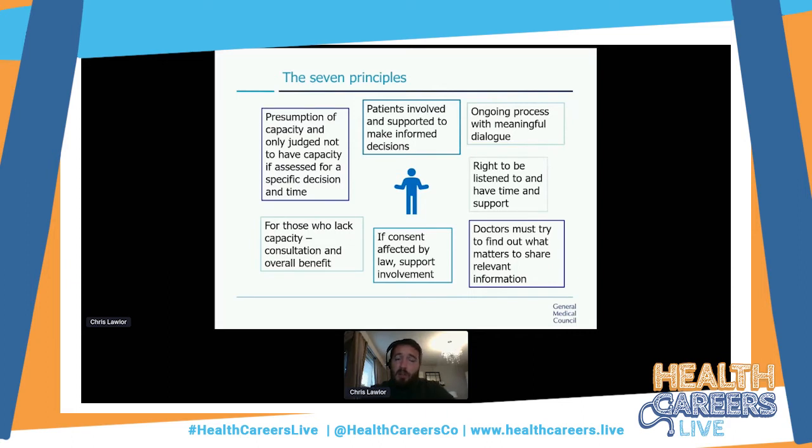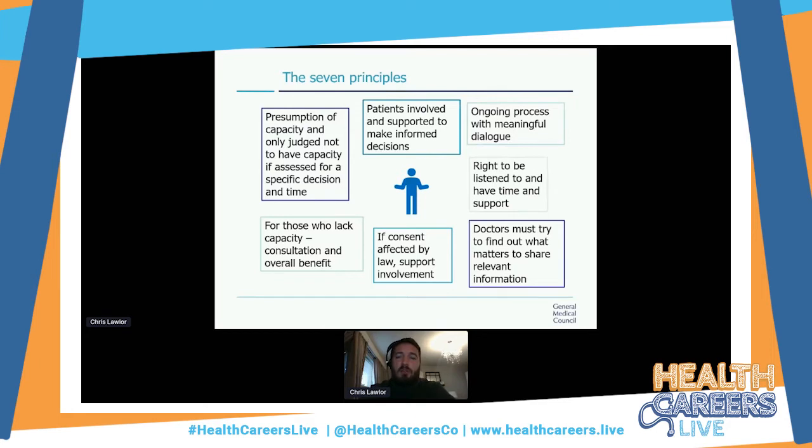Confidentiality is one of our key pieces of guidance, and the trust that patients have in you underpins confidentiality. Patients have got to trust you as doctors, and they've got to be confident that if they come and see you and they open up to you, and patients will tell you as a doctor things that they've never told anybody else in their life.